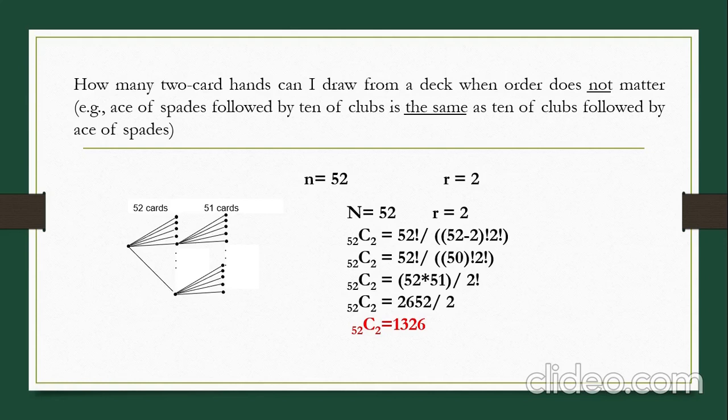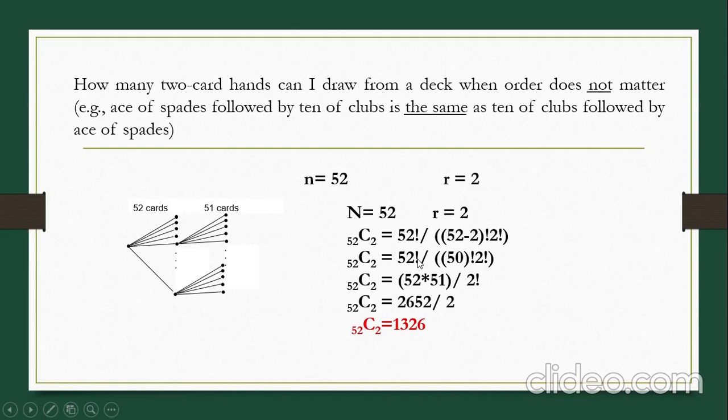Using the combination formula, that is equal to 52 factorial divided by the factorial of the difference between 52 and 2 multiplied by the factorial of 2.